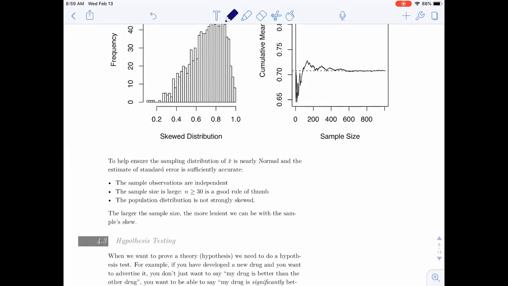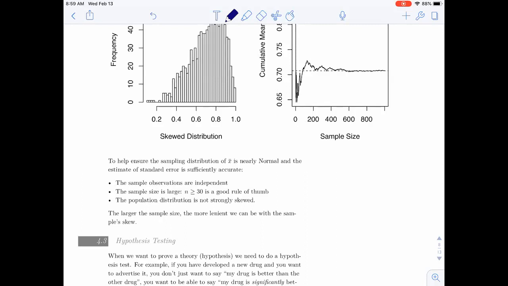So there's a couple of things that we want to check. Are the sample observations independent? In your sample, you want to make sure that everyone in your sample is independent of everyone else. You do that by random sampling, which is the best way to ensure that all your observations are independent.